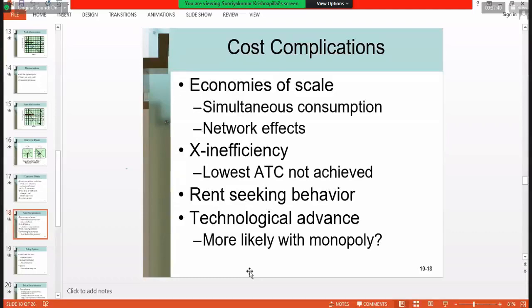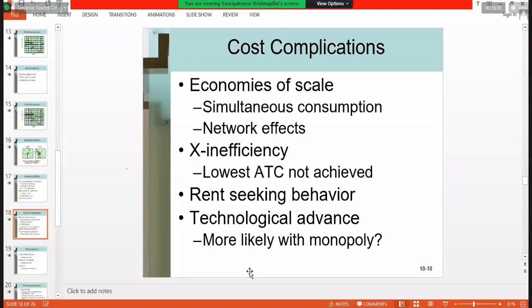One program, they don't need to produce many programs, only one program through online. The many consumers can buy and download and install. So that is simultaneous consumption. If it is a computer, each consumer needs to buy each laptop or computer.